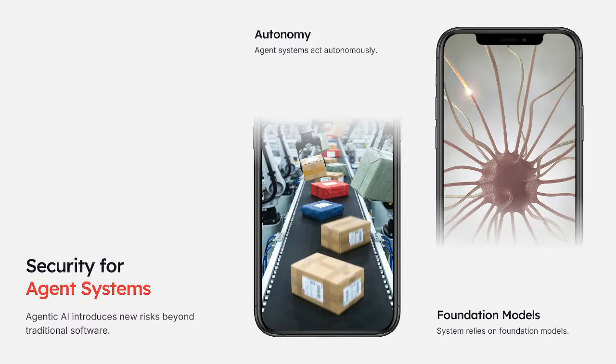So here, AI security, agentic AI security is very, very important because agents introduce new risks beyond traditional software. LLMs introduce their own risk, they are foundation models, which have been trained on many data, and they are large. So they have their own risk.